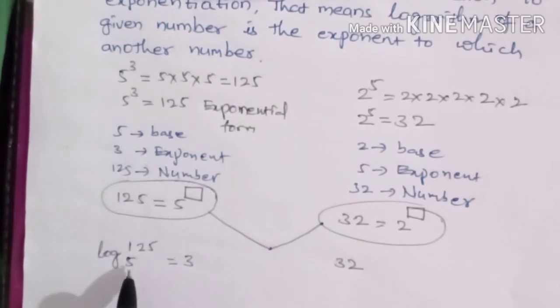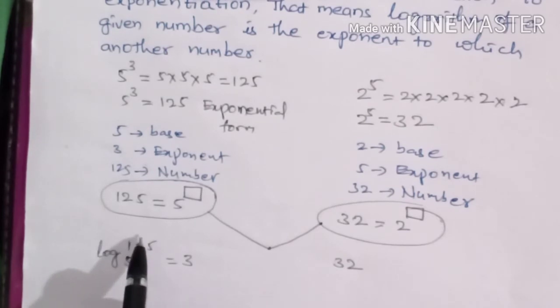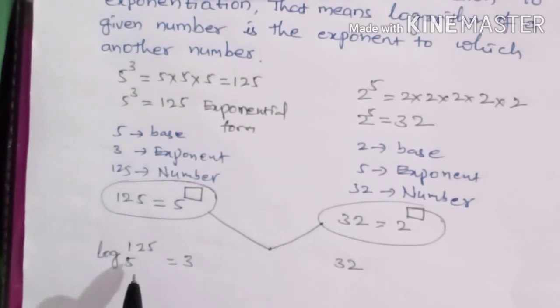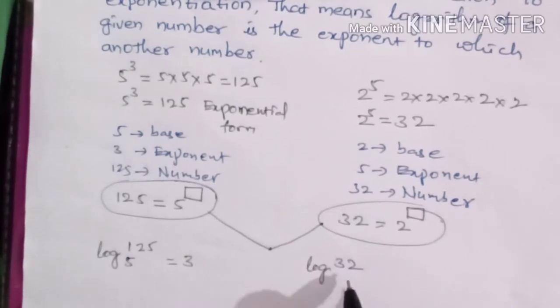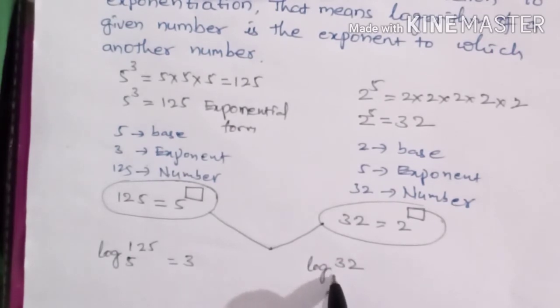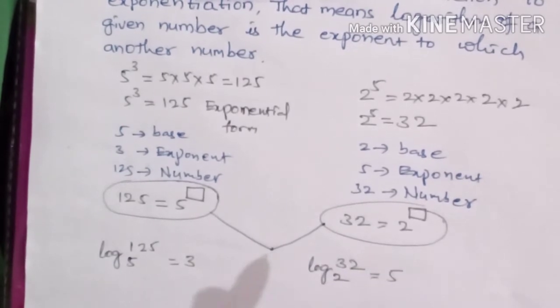Observe once again, students. What is the logarithm? The logarithm of a given number is the exponent to which another number is raised. Here 32 is the given number, and its logarithm with the other number 2 is equal to 5.